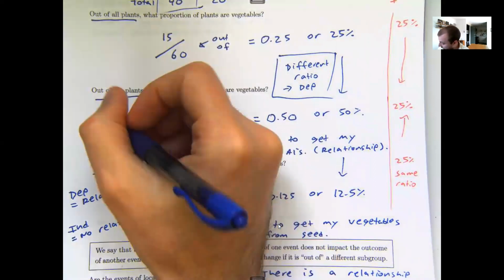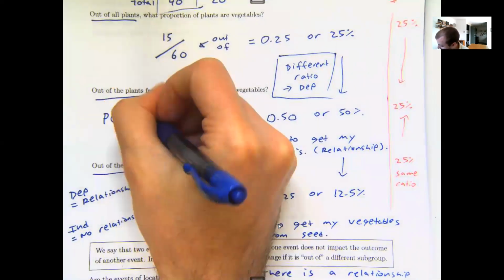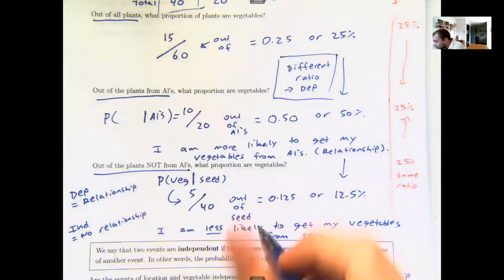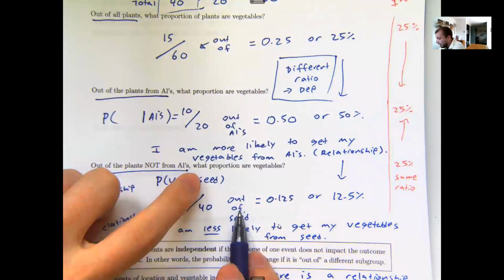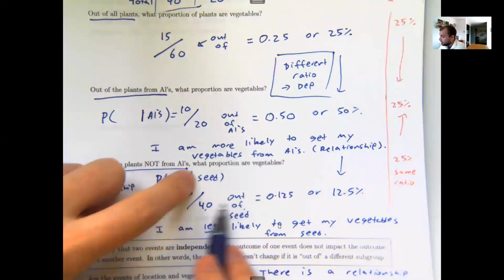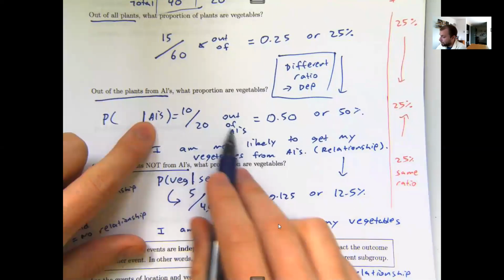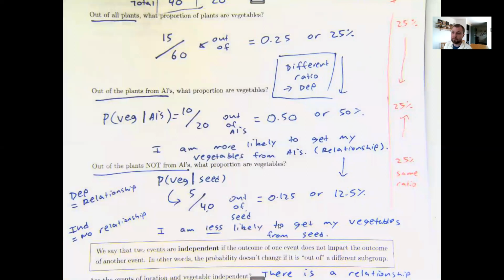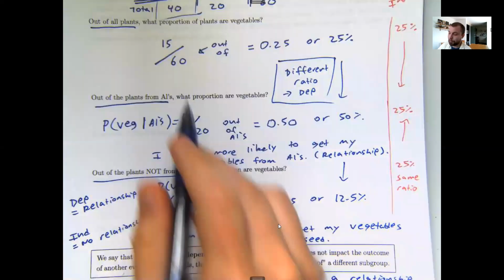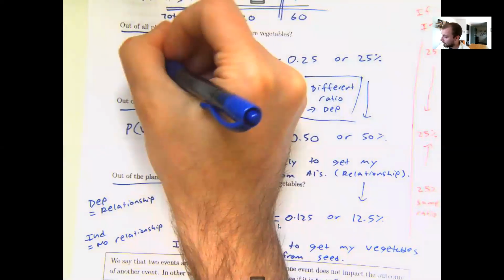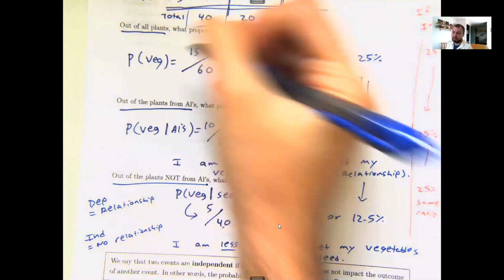So this is out of, or I divided by owls. Whatever your denominator is, that shows up as the second part of the set. Owls, and I'm wondering how much is from vegetable. This one was out of all the plants, so I don't say a special denominator at all. I would just say percentage of things that are vegetables.